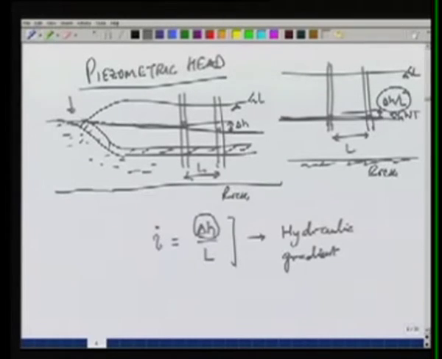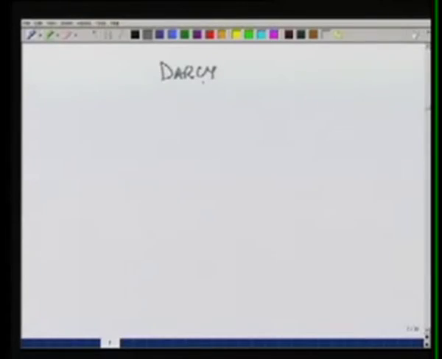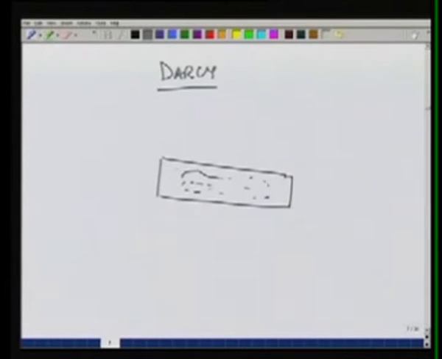And in a very famous experiment which was conducted almost 150 years ago by Darcy, a tube filled with soil was subjected to some water flow of, let's say, amount Q in units of meter cube per second or feet cube per second.